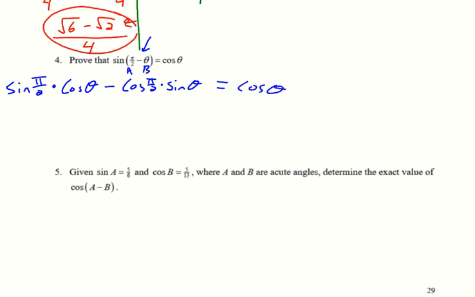Okay, so let's just do some things here. Maybe they'll end up working out to be just cos theta. Well, this part, sine of pi over 2, that's straight up and down, right? That's 1. The y value is equal to 1 there at pi over 2. So far, that cancels. That's just kind of gone. And now I'm looking over here, cos of pi over 2, so straight up and down, that's the x value on the unit circle.